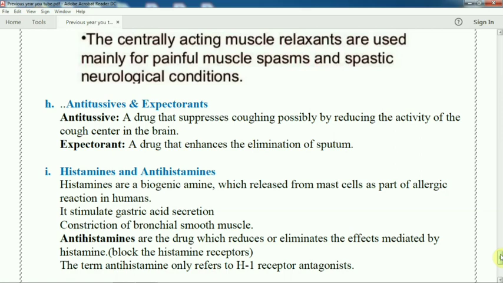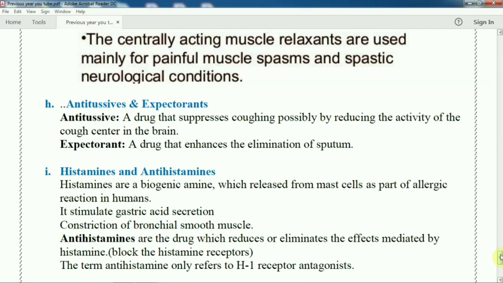It stimulates gastric acid secretion and causes constriction of the bronchial smooth muscle. So the inner lining wall of the respiratory tract, the stomach or parietal cells, and mast cells release or synthesize histamine. One function is gastric acid secretion, another is constriction of smooth muscle.